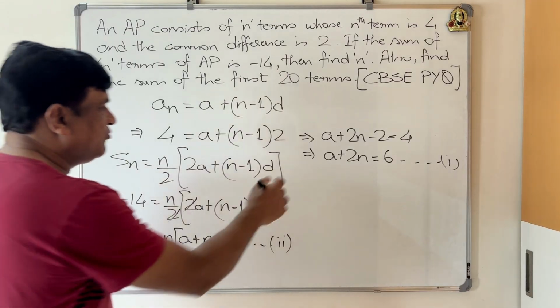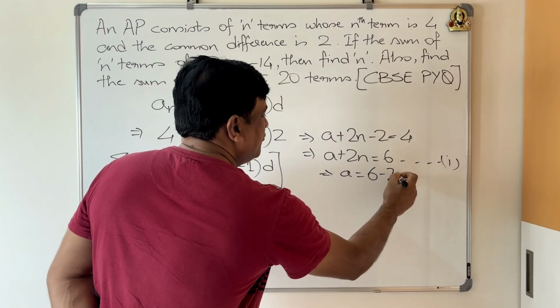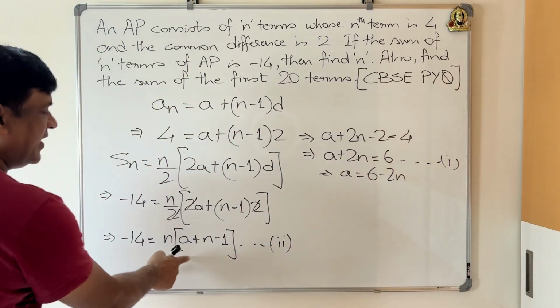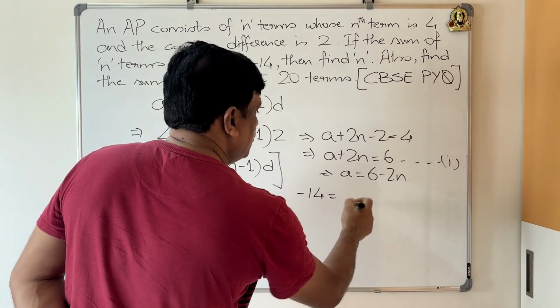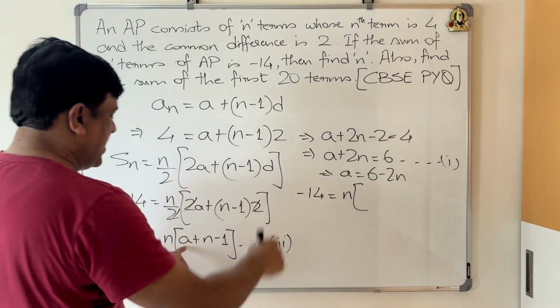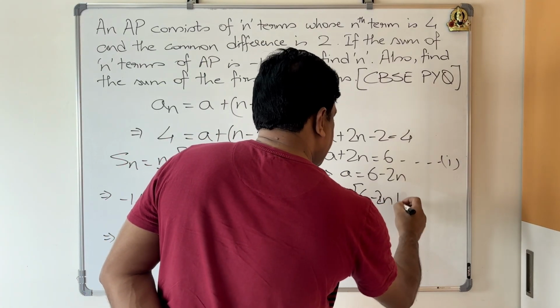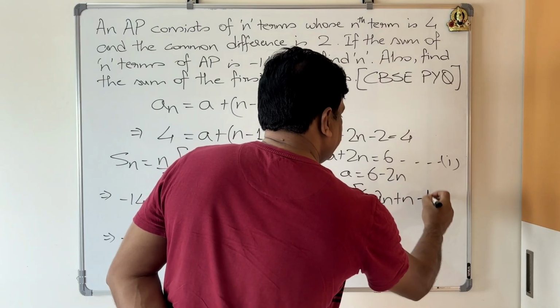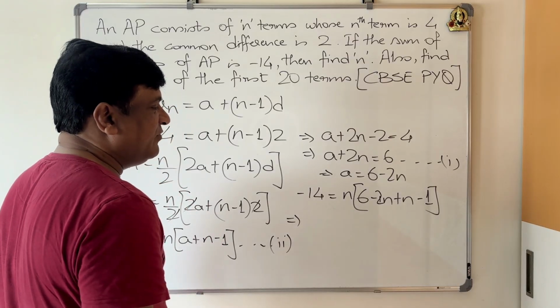So let's do it. Here I can do a is equal to 6 minus 2n, right? And I'm going to use that over here. So minus 14 is equal to n times (6 minus 2n plus n minus 1). You'll get a quadratic equation when you solve this.